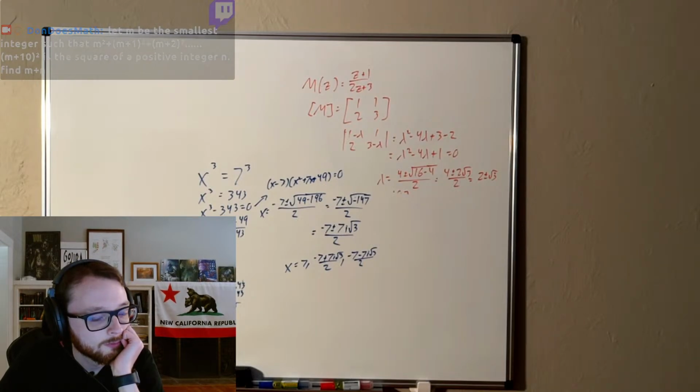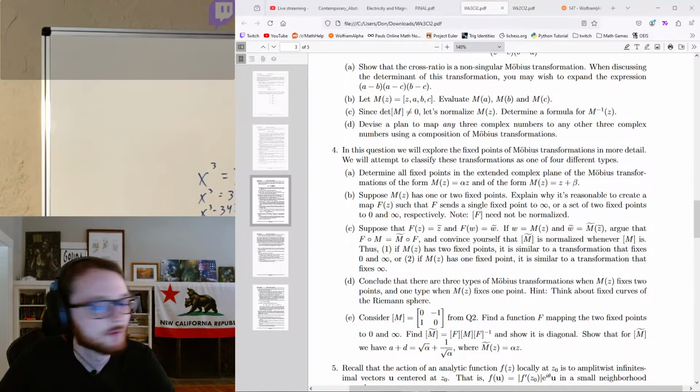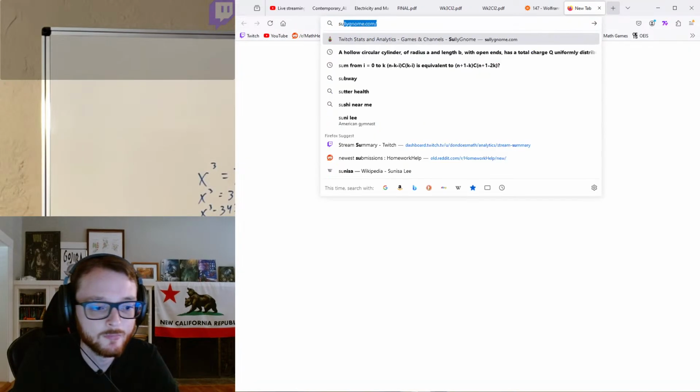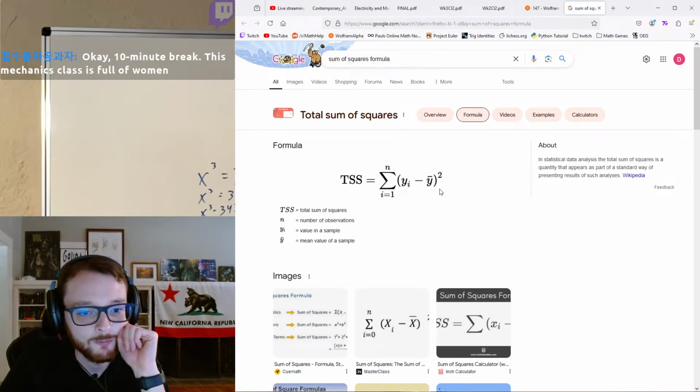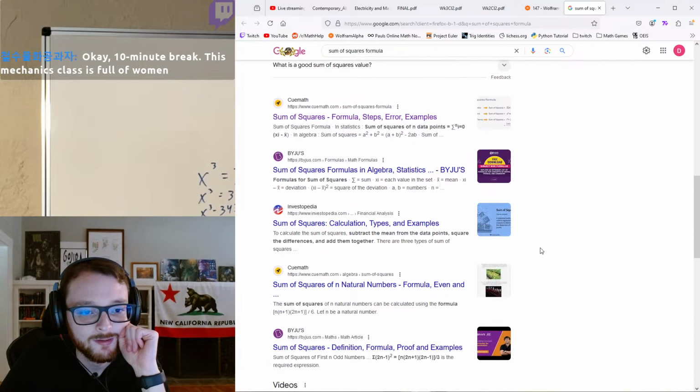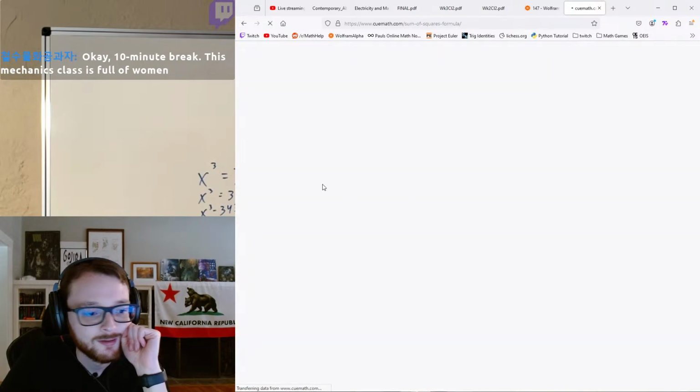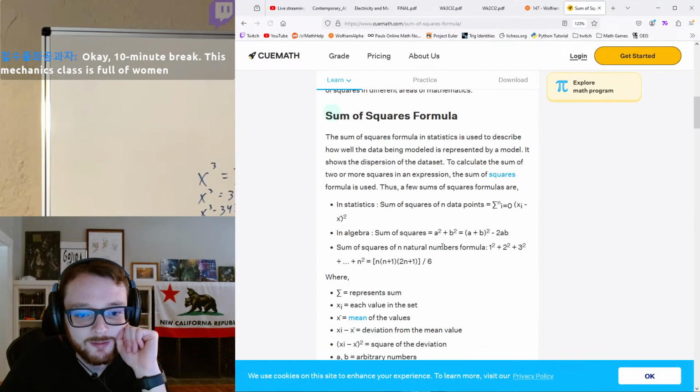Oh. Could this be the sum of squares formula? Sum of squares formula.